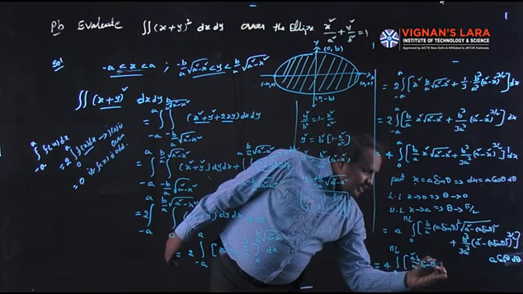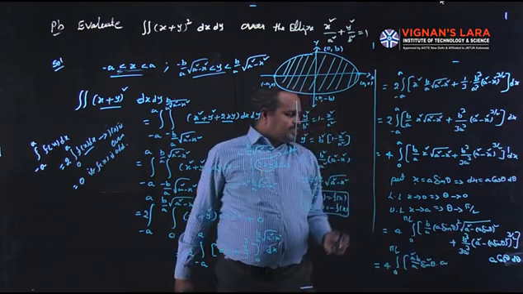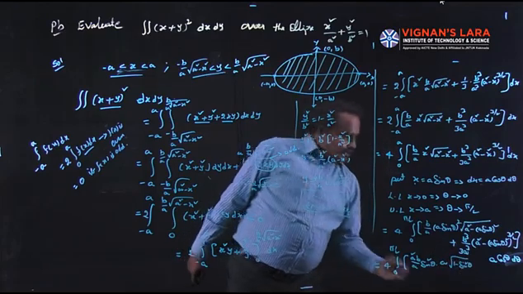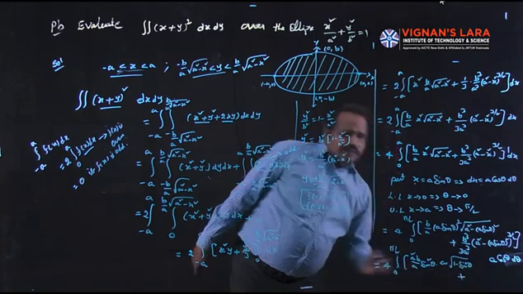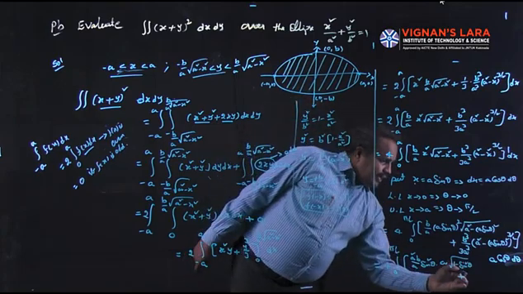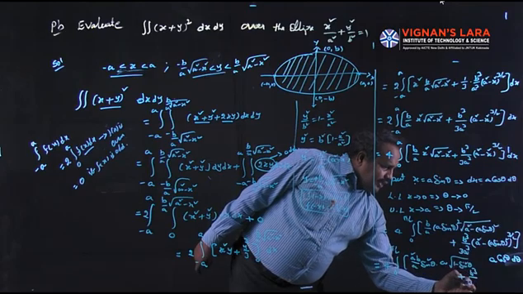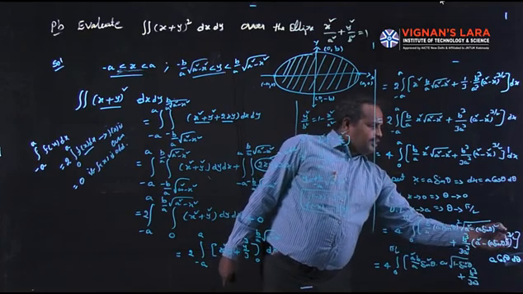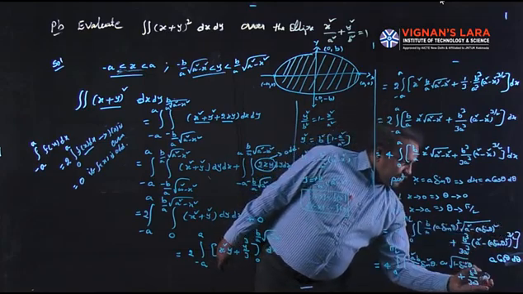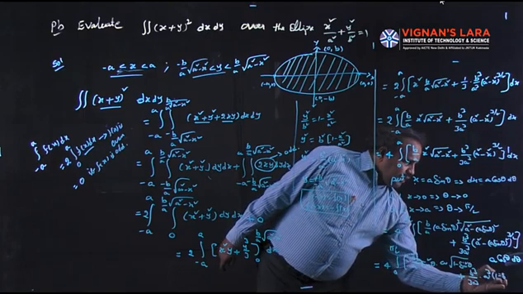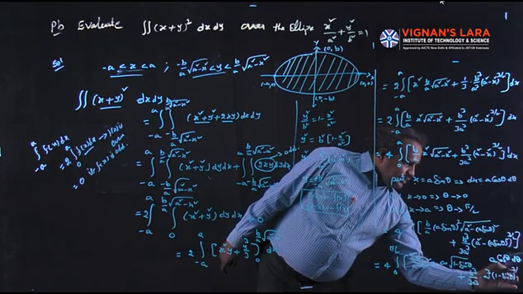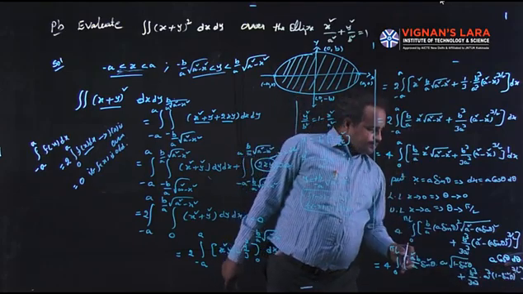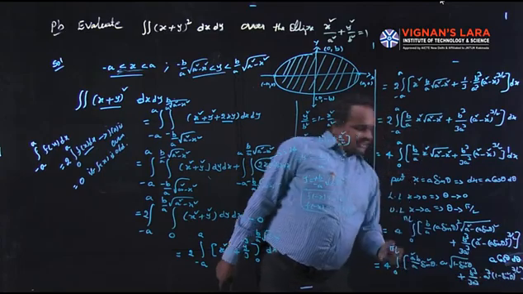This one is a into, what is remaining? 1 minus sin square, so a into under root of 1 minus sin square theta, plus b cube by 3a cube into, again take out common a square, that becomes a power 2 getting cancelled, comes to outside, that becomes a cube (1 minus sin square theta) power 3 by 2, into a cos theta d theta.